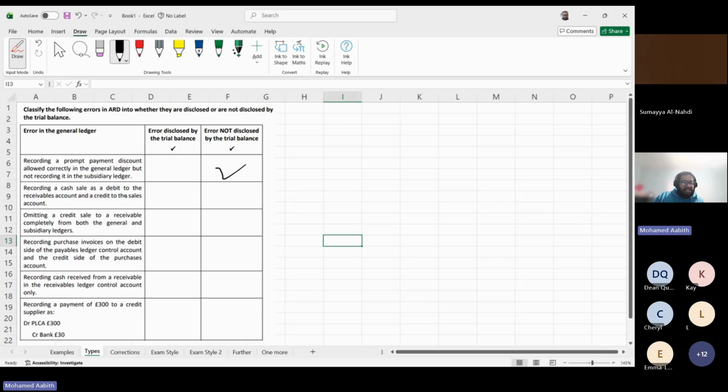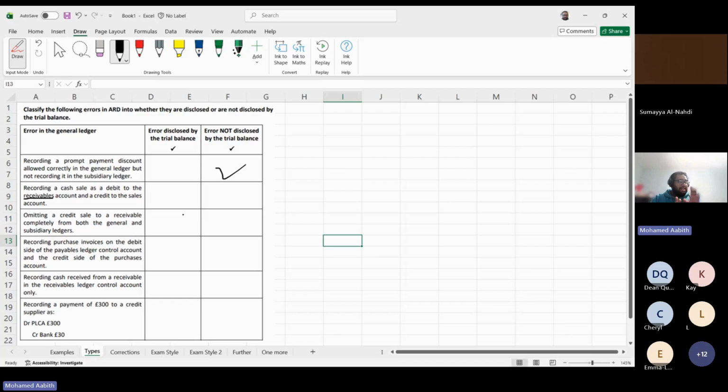Recording a cash sale as a debit to the receivables account and credit to the sales account. When I make a cash sale, I need to debit bank and credit the sales account. But in this scenario, they have debited the receivables account. Will that create an imbalance on the trial balance? No, this is an error of principle.